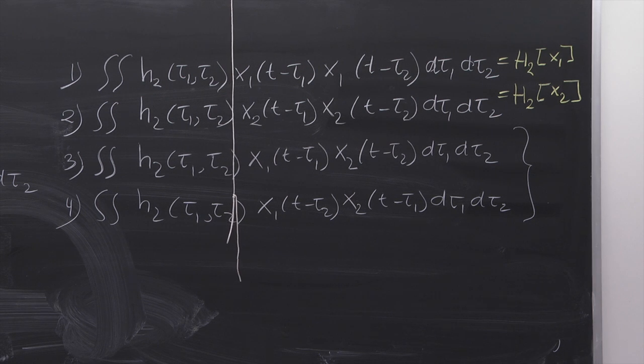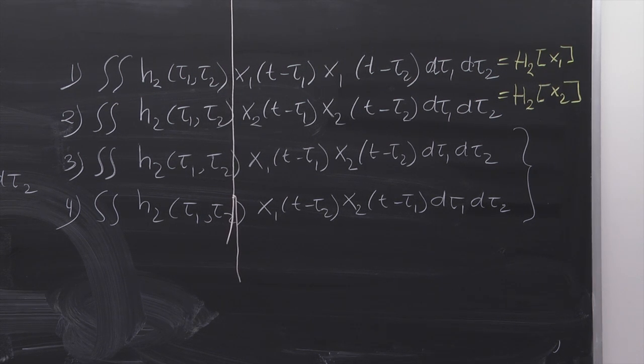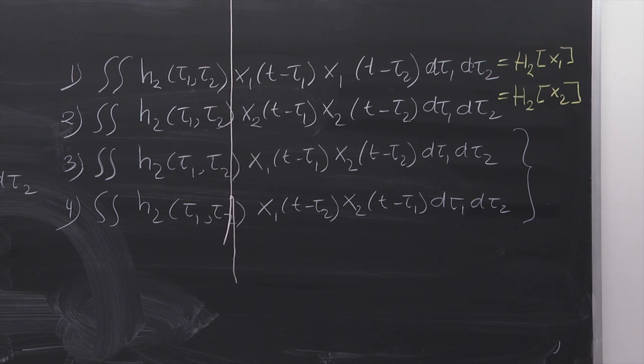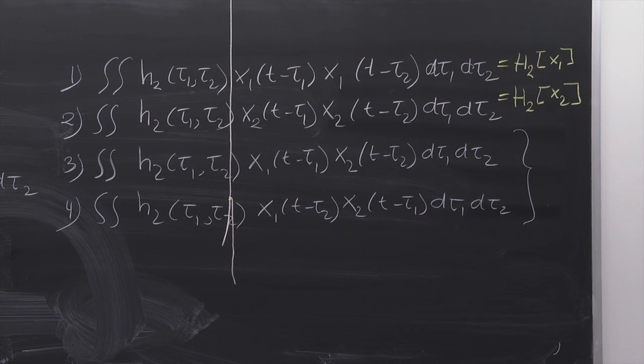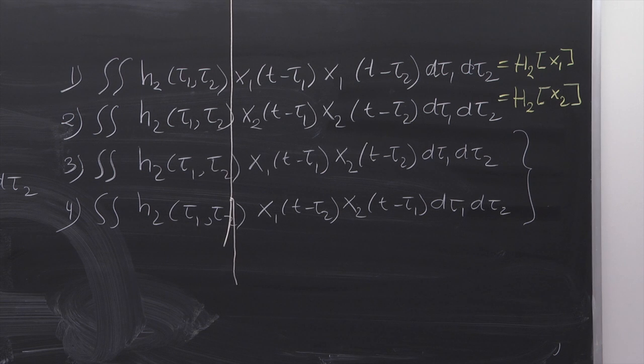If I add them all up, I have the sum of the system. So terms 3 and 4 are basically the deviation from the linear response, because 1 plus 2 represent the linear component of the response, and 3 plus 4 is the deviation from that.